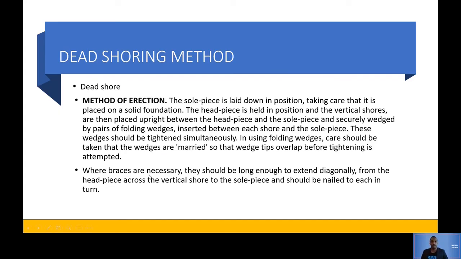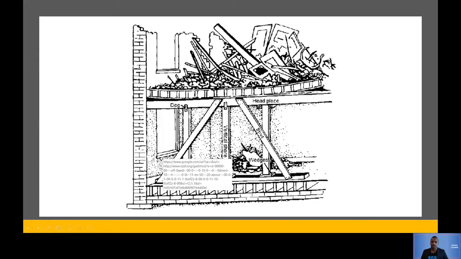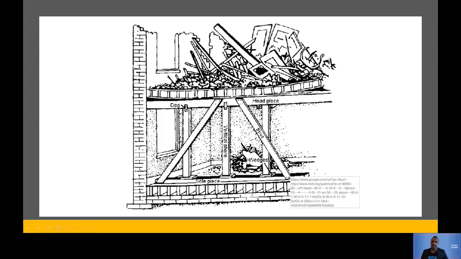And then braces are necessary. Braces are typically diagonal parts just to offer extra support to the main members of the shore. So there we go. This is a dead shore, as you can see.